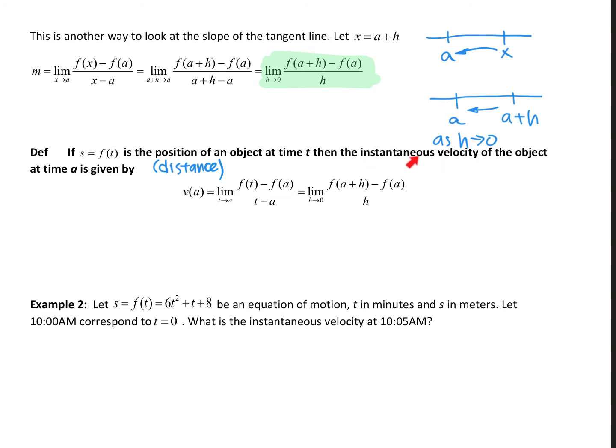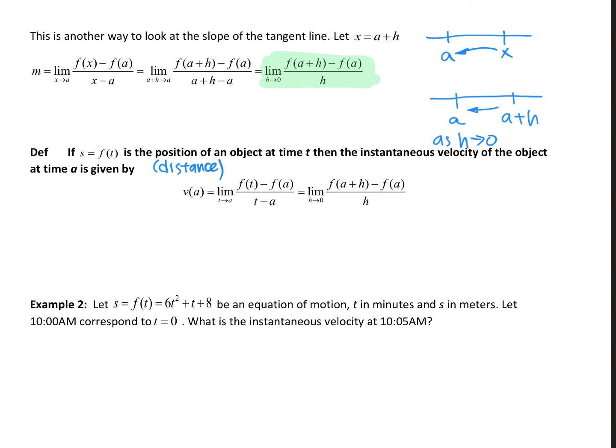It says instantaneous velocity, which is just the velocity at an exact point. It's given by this or that. If you look at the formulas, they're exactly the same. They use t for time instead of x, but other than that, they're the same formula.